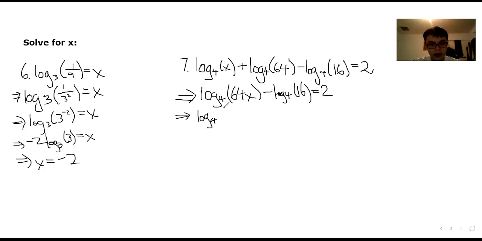So log with base 4 and 64 times x over 16, and that's just going to equal 2. And then we have log with base 4 and in brackets 4 times x, and that's just going to equal 2.